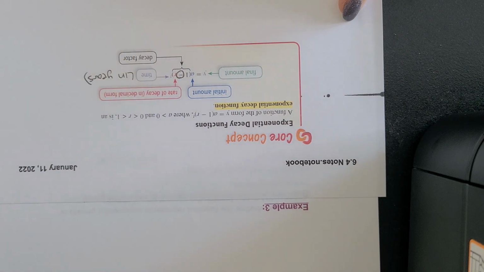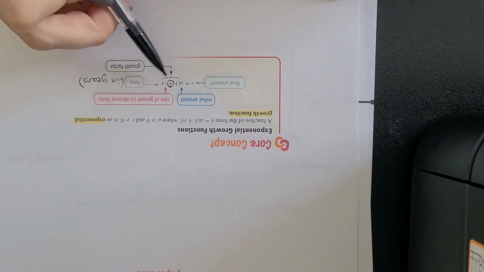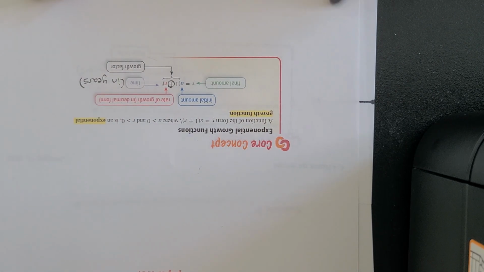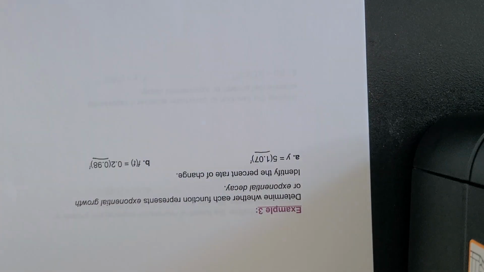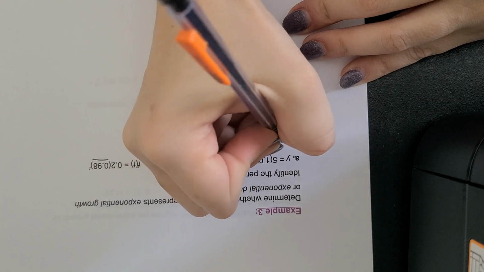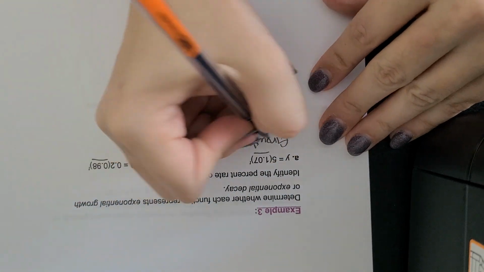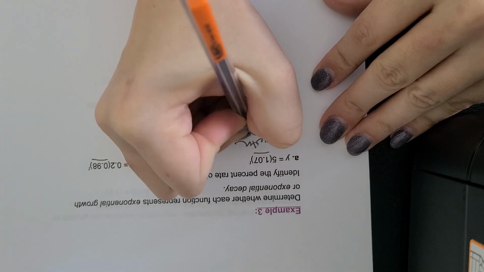It's 1 minus something, so it's always going to be a number less than 1. For growth, we added something. 1 plus something, so it's always going to be a number greater than 1. So in this case, it's greater than 1, so it's going to be growth, because b is greater than 1.